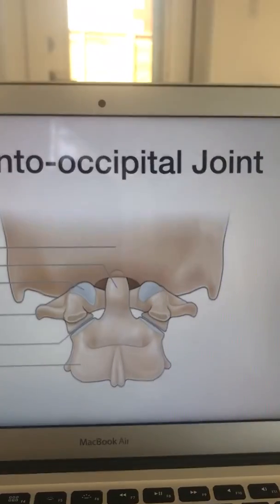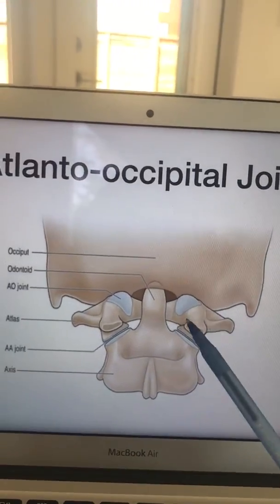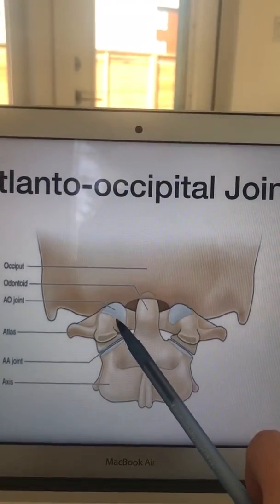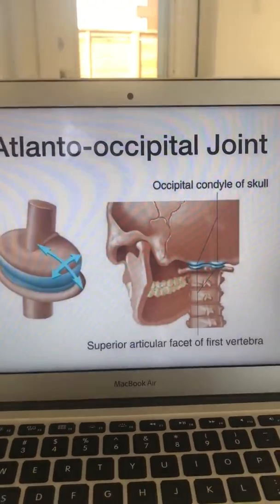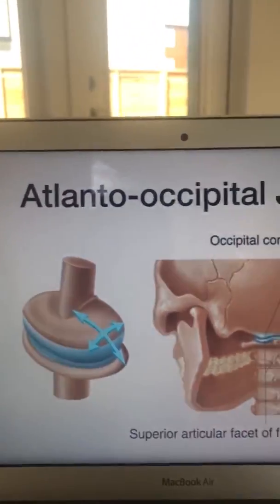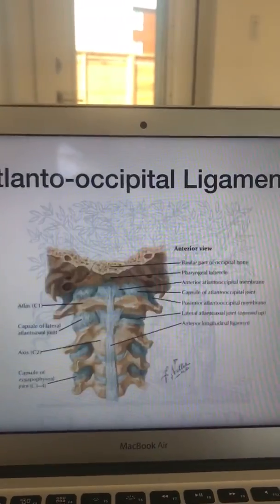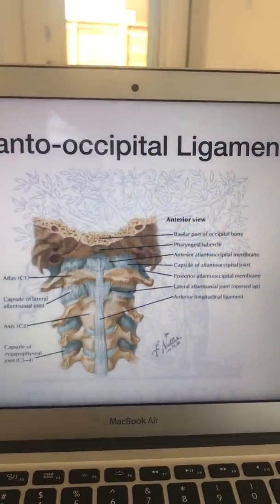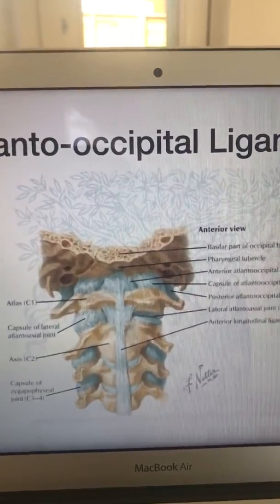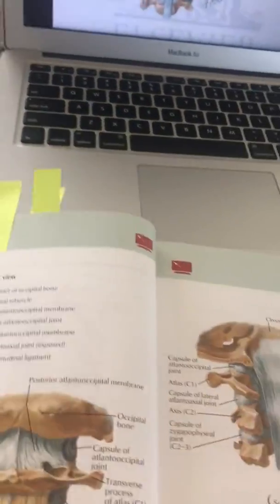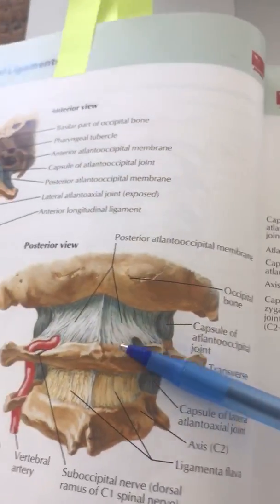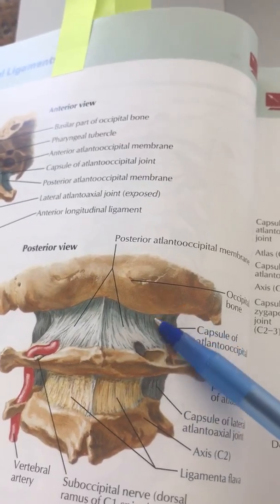So here's just a more simple kind of drawing of those occipital condyles on C1 meeting with the occiput. And this is just showing how it's a condyloid joint. So for these ligaments, we have the posterior atlanto-occipital membrane.